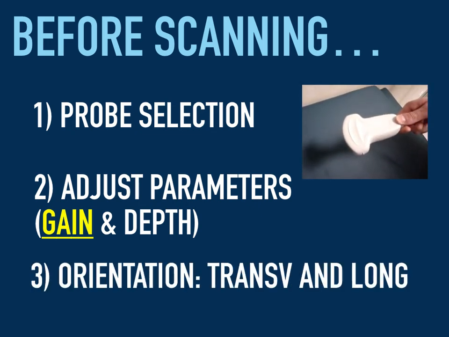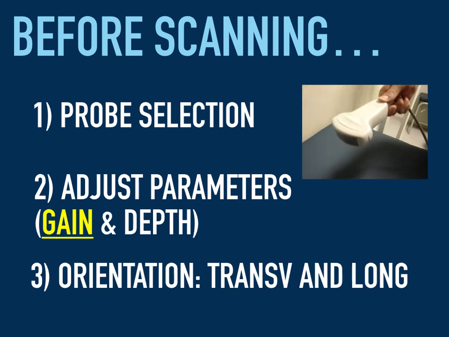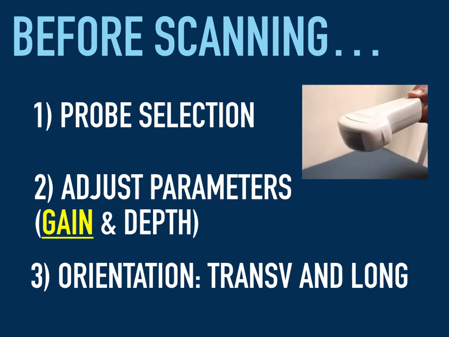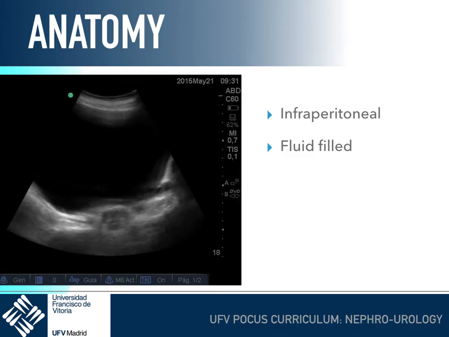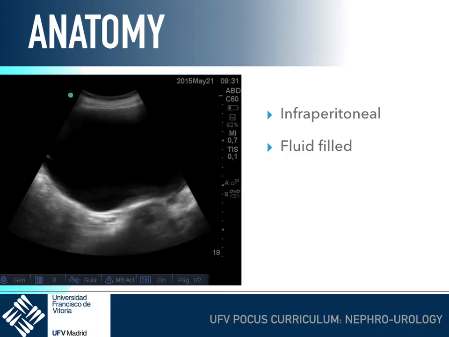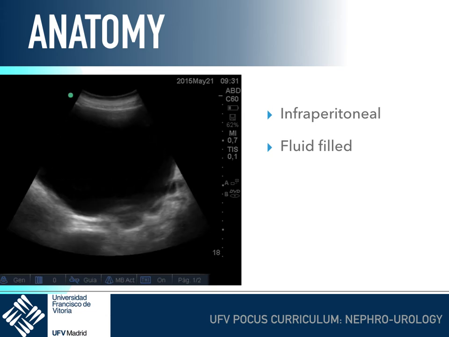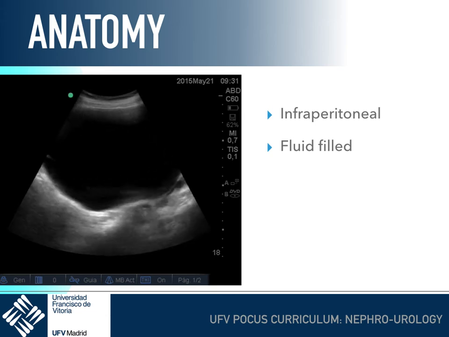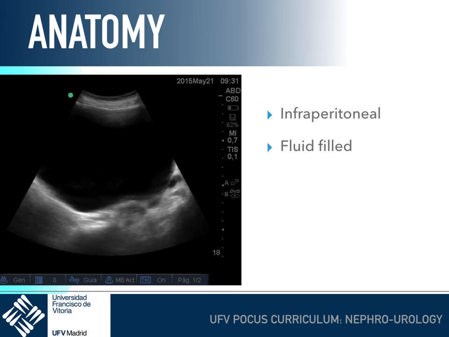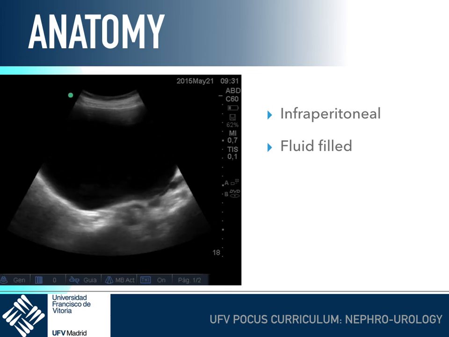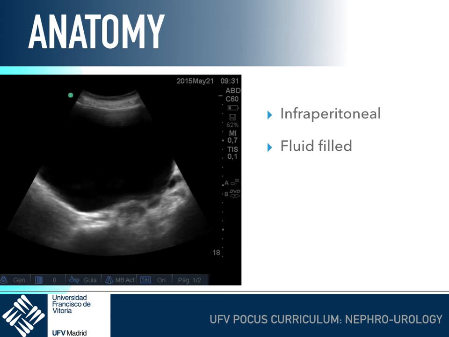The orientation, to tell it again, could be better to do both, a transversal view and a longitudinal, sagittal view. This is the appearance of a large bladder. You can see that the bladder is infraperitoneal, and the black stuff inside, the anechoic structure, is pure fluid.